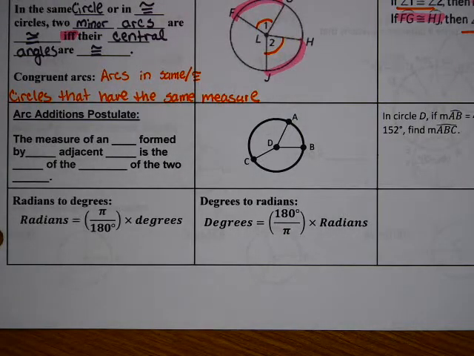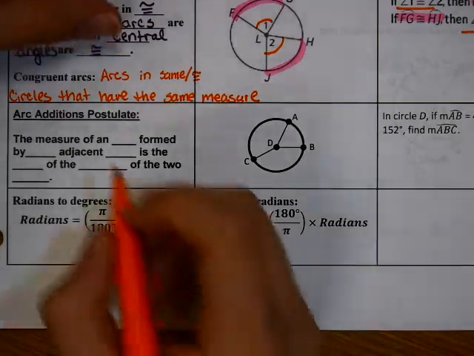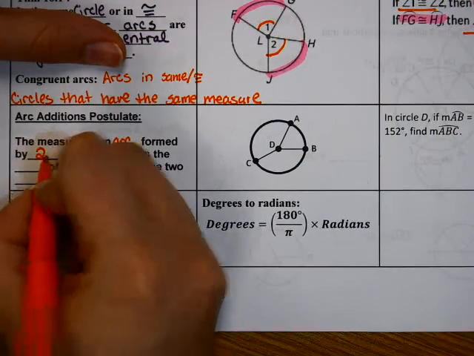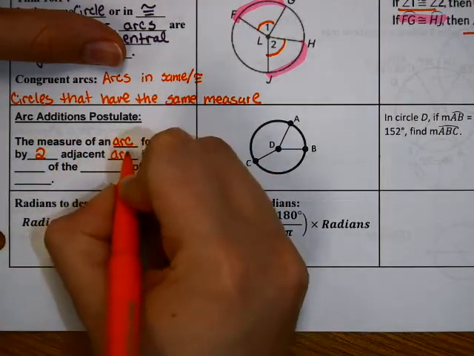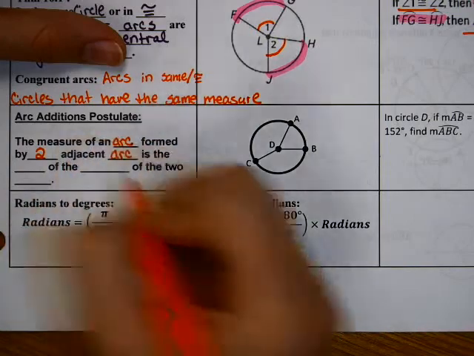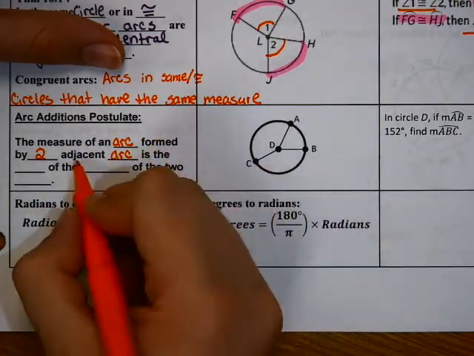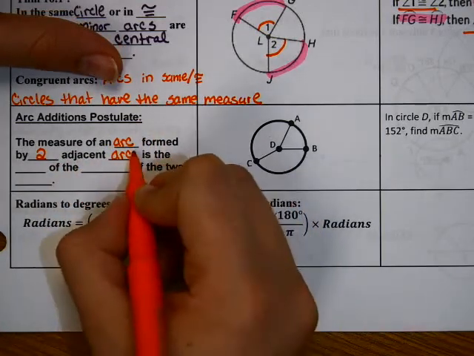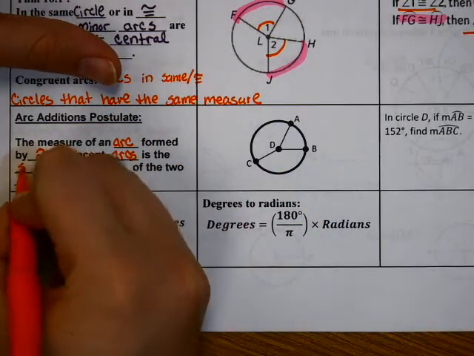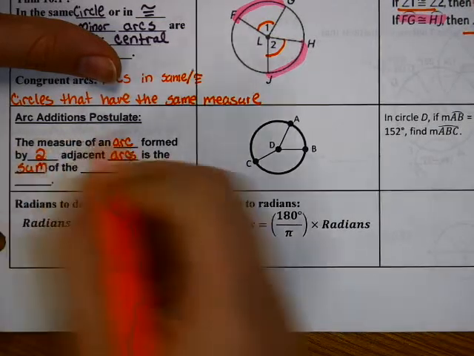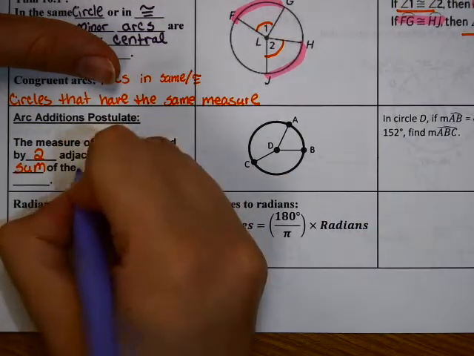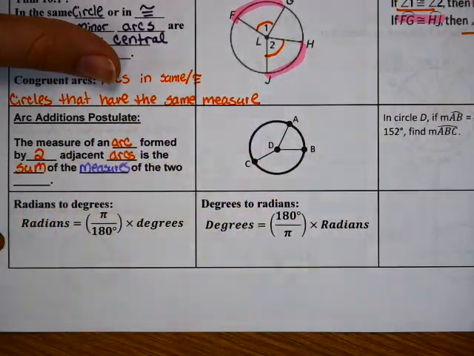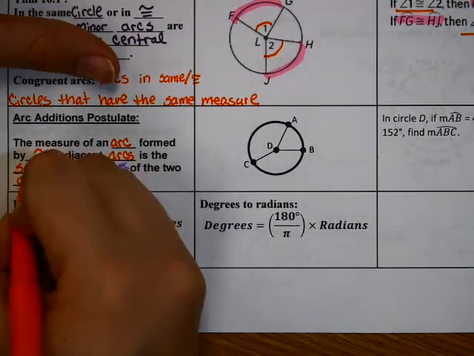It says the measure of an arc formed by two adjacent arcs, so remember adjacent means next to, is the sum of the measures of the two arcs.